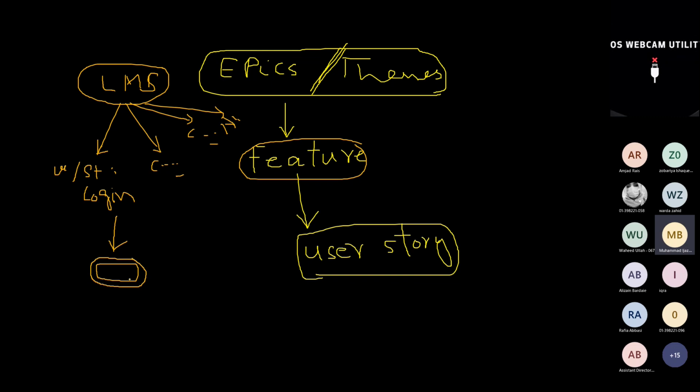For example, I as a user. Now, when I say I, that means I as a faculty member. Or when you talk about it, you would say I as a student, right? I as a student shall be able to enter my ID and password so that I may log into the system.